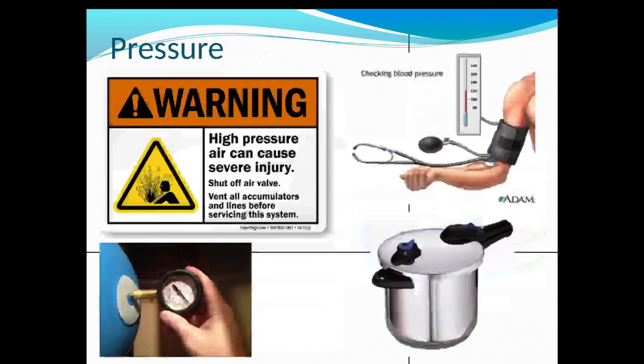Okay, pressure is another big variable that we're going to be talking about in this unit. Pressure is a force that you apply on an area, right? So if I poke someone with my finger on their shoulder, that's a small area. That's probably going to hurt more than me pushing with my whole hand, right? And so here we're talking about in these pictures, blood pressure, which is really a liquid pressure. But then at the bottom, you've got air pressure, which is a crock pot or a pressure cooker, and then like a tank of O2 or something, right?